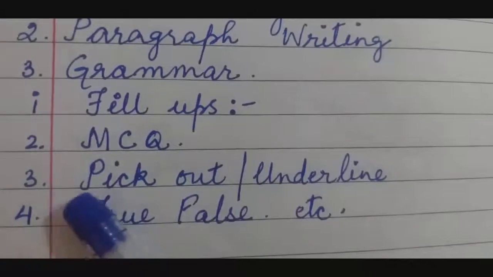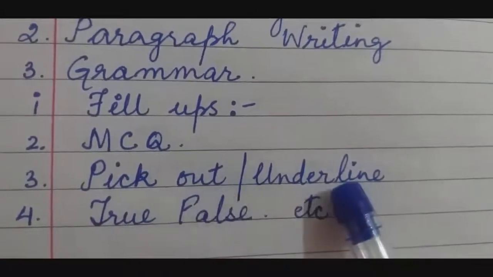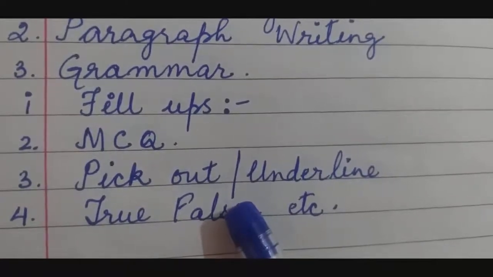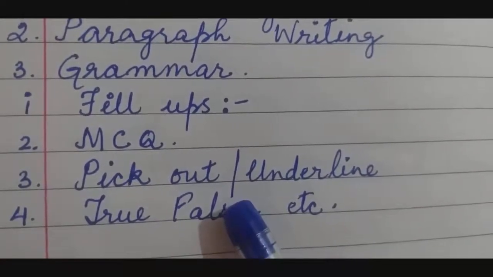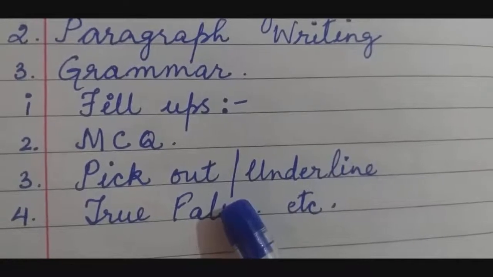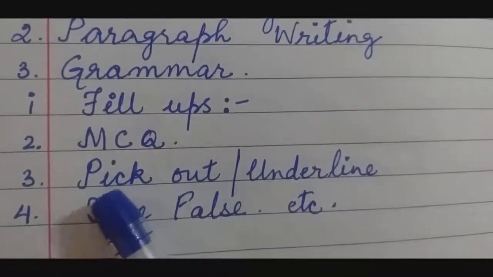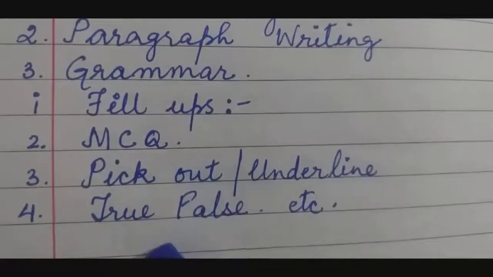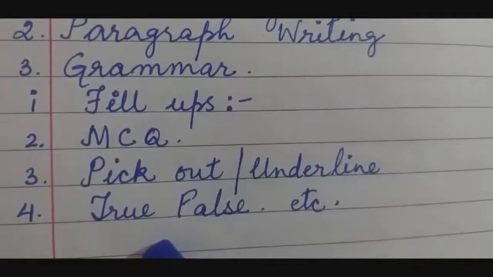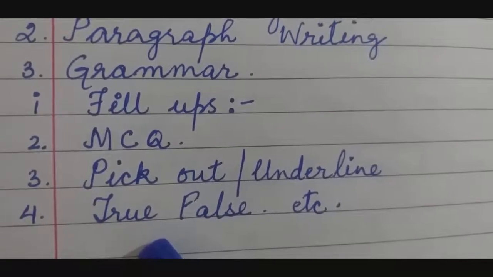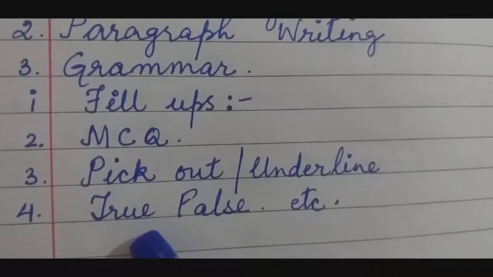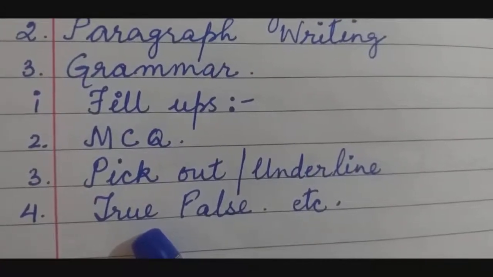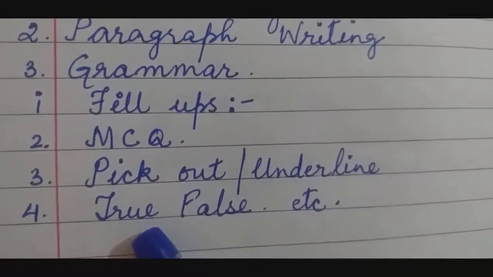After that you will find pick out or underline. Suppose I ask you to pick out the quantifiers, or pick out the common noun or whatever, according to your syllabus. Fine? So you will pick out, but how would you do it? You would write those words separately. Understood? Suppose I have given you the instruction: pick out the proper noun from the following sentences, and question number 1 is: Solomon was known for his wisdom.